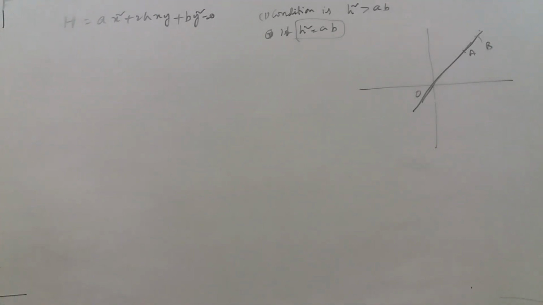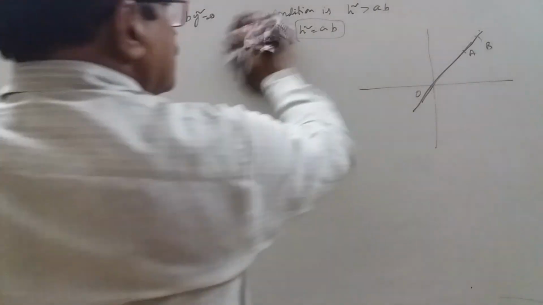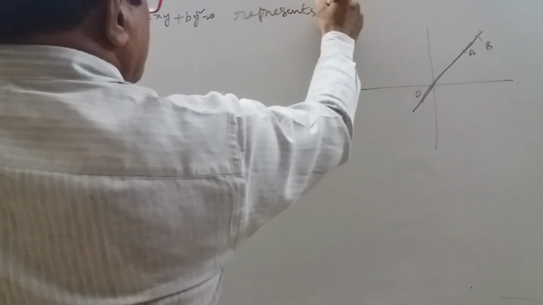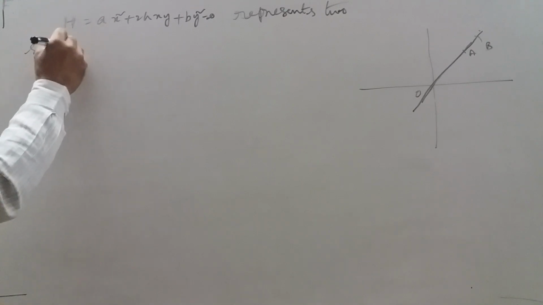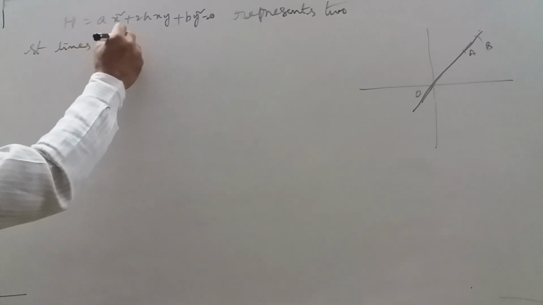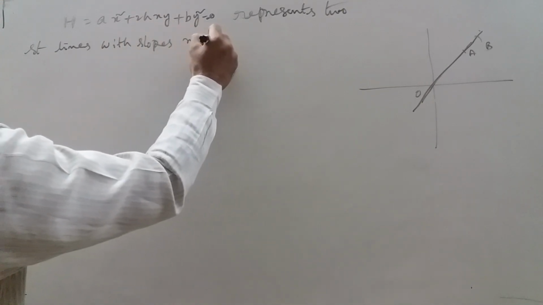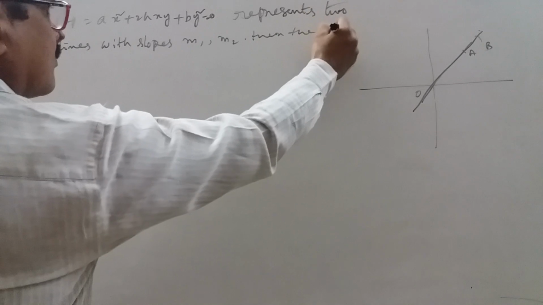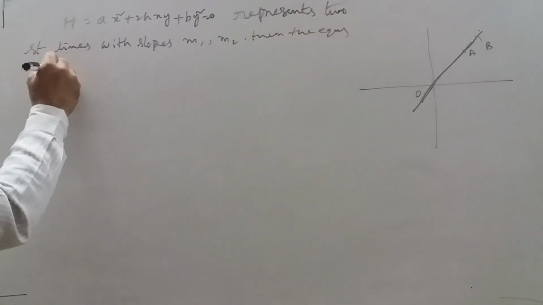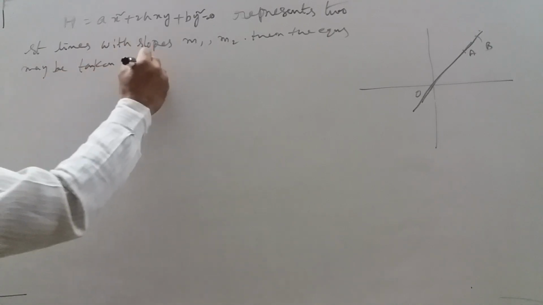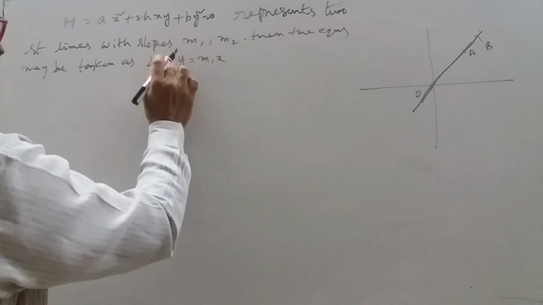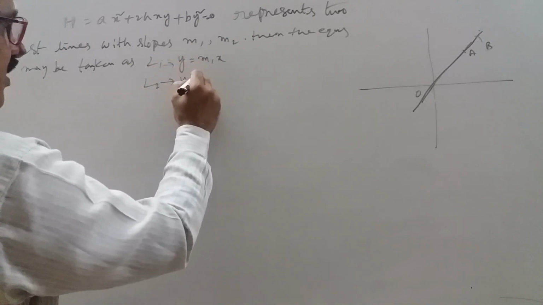Next one: if H is equal to ax square plus 2hxy plus by square is equal to 0 represents two straight lines with slopes m1, m2, then the equations may be taken as L1: y is equal to m1x, L2: y is equal to m2x.